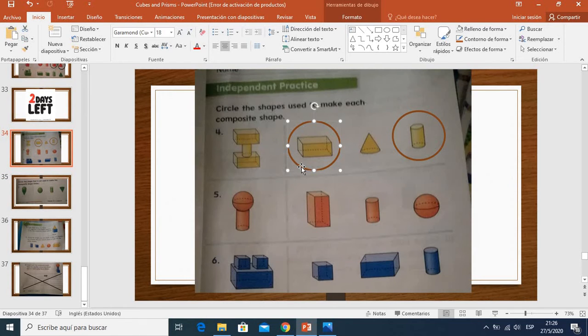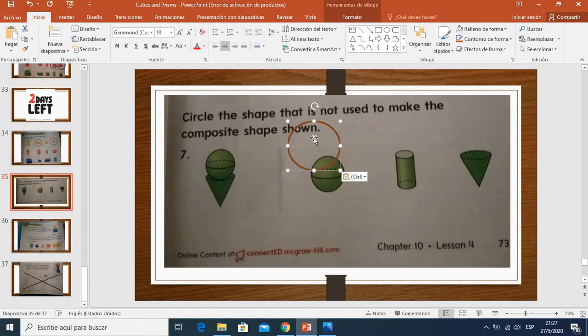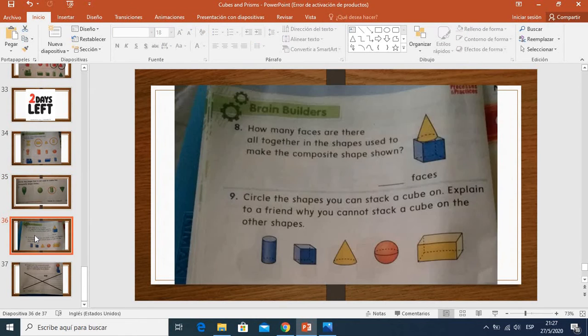Which one is not used to make this shape? The cylinder, very good. If you said the cylinder, great job. Look, there is no cylinder here. So you circle the cylinder because it's the shape that is not used to make this composite shape. Okay, now turn the page and let's go with the brain builders.